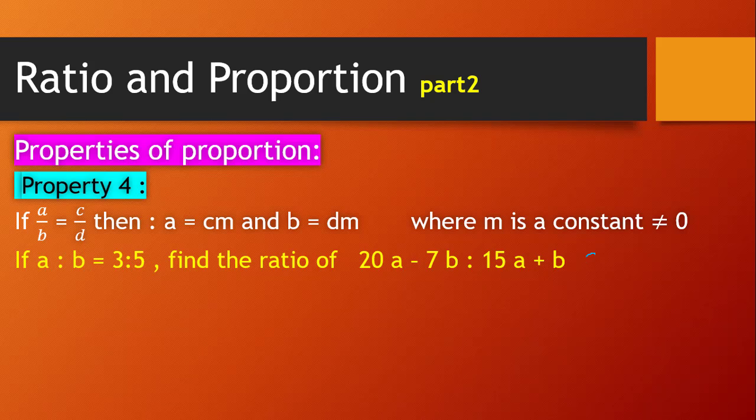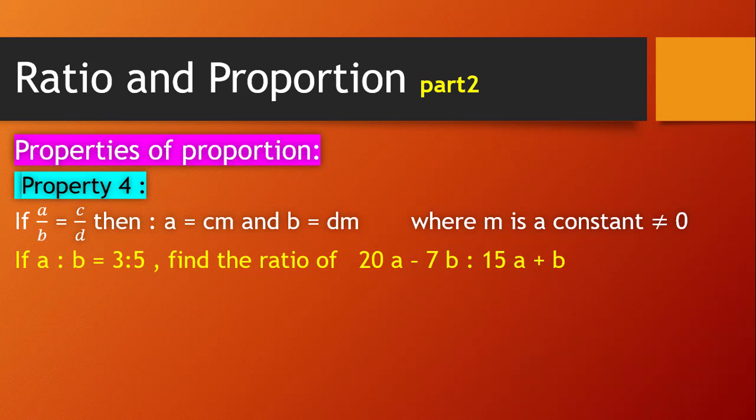I have a over b equals 3 over 5. As we said, if you multiply up and down by the same number, in this case m, the ratio wouldn't change.